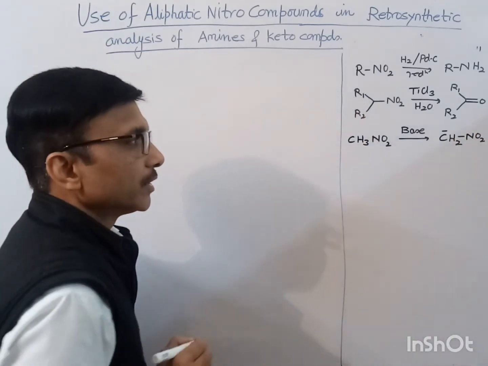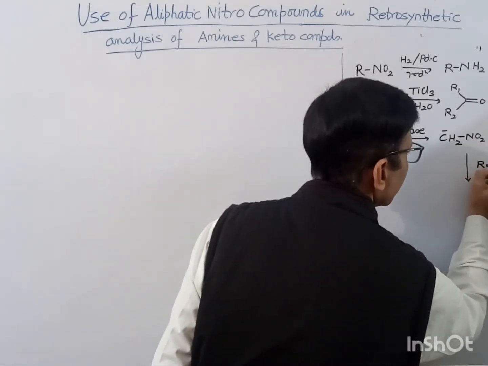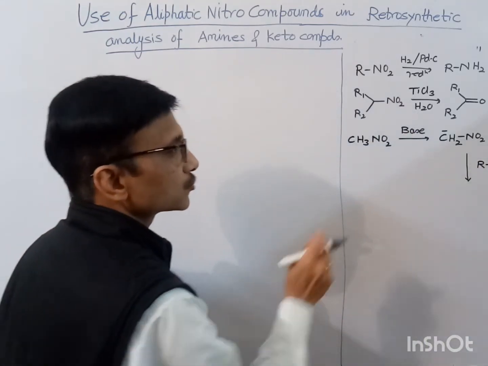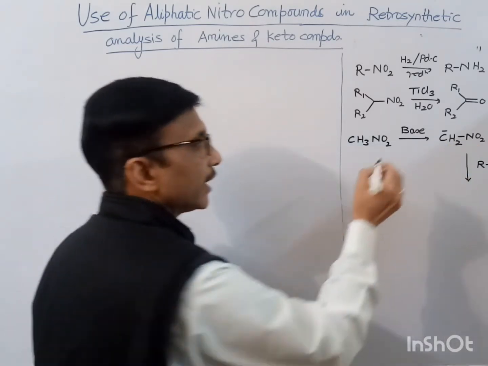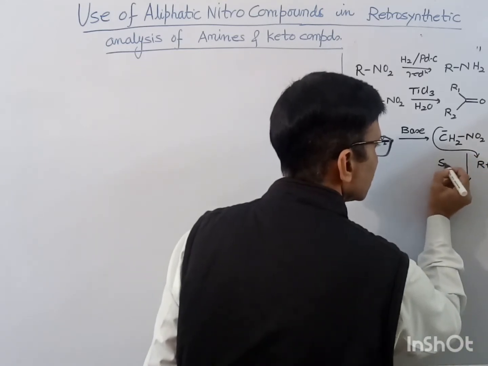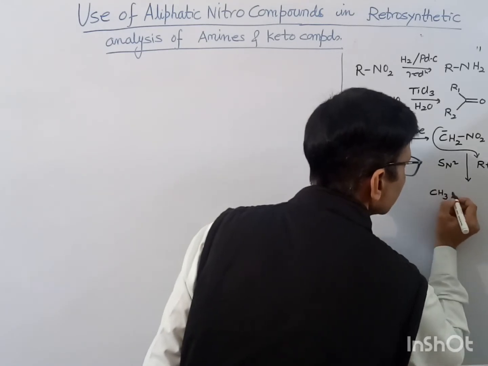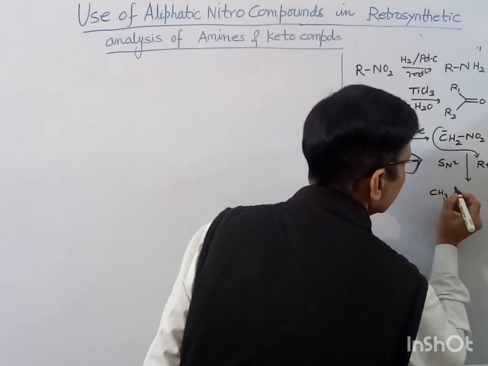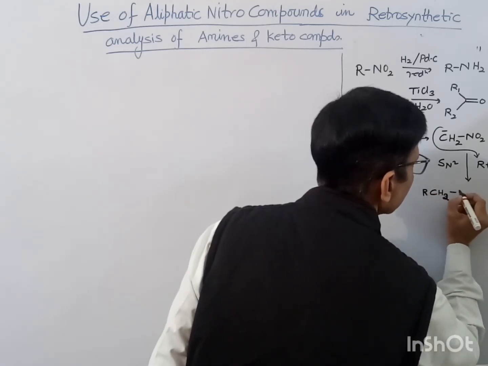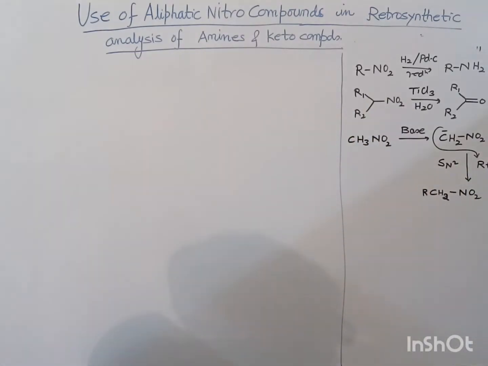So this base can easily abstract the acidic hydrogen from the CH3 and give you the nitronate anion. Now in the presence of alkyl bromide, this can act as a nucleophile and give you the SN2 reaction product.